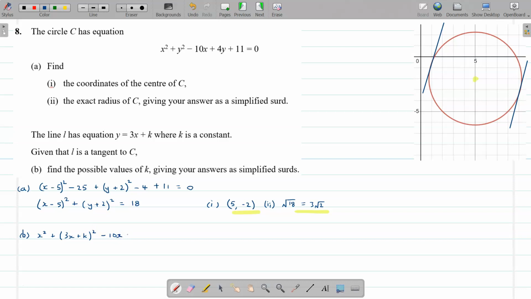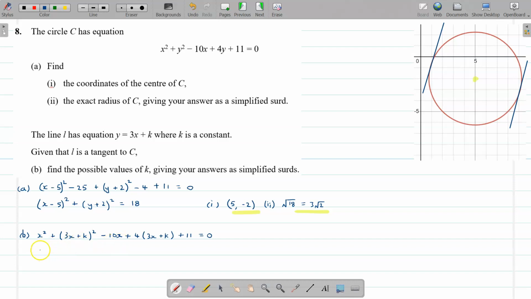Then I'm going to have plus 4y, but instead of y I'm going to write 4 lots of 3x plus k again, and then plus 11, and that equals 0. So I've got to do a lot of multiplying out and tidying up and regrouping.